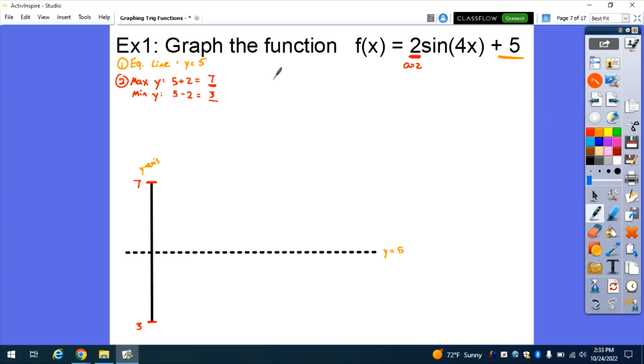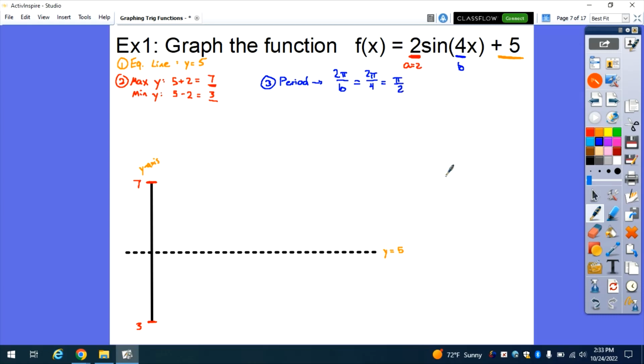Now this next step is probably the hardest part of it all, and it all starts with the period of the function. The period of the function is always found with sine using this little formula, 2 pi over b. Our b value is the one hanging out with the x. So 2 pi divided by 4 would reduce down to pi over 2.